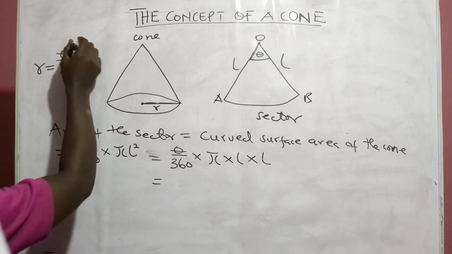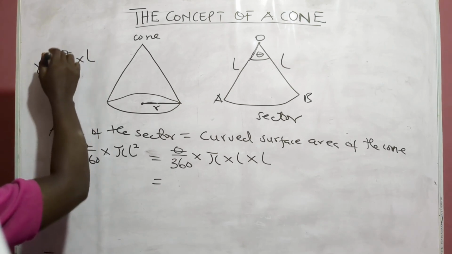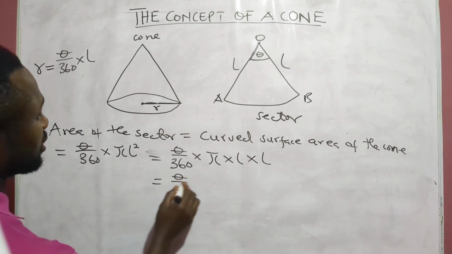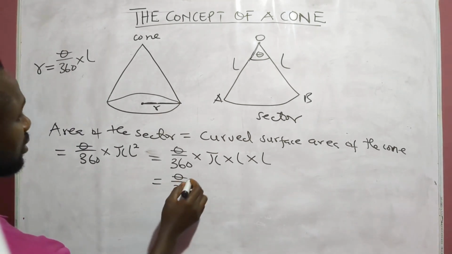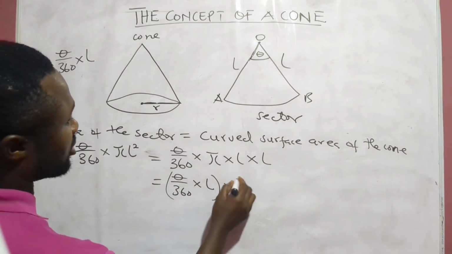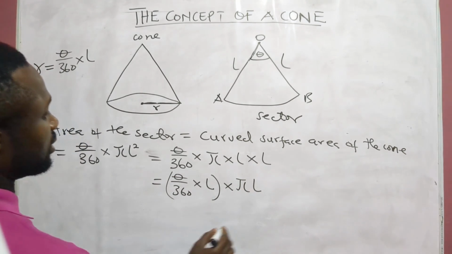I want us to write it in such a way that we can get the radius here and do our substitution. So we have theta on 360 times L, you see this is the radius, times pi L.